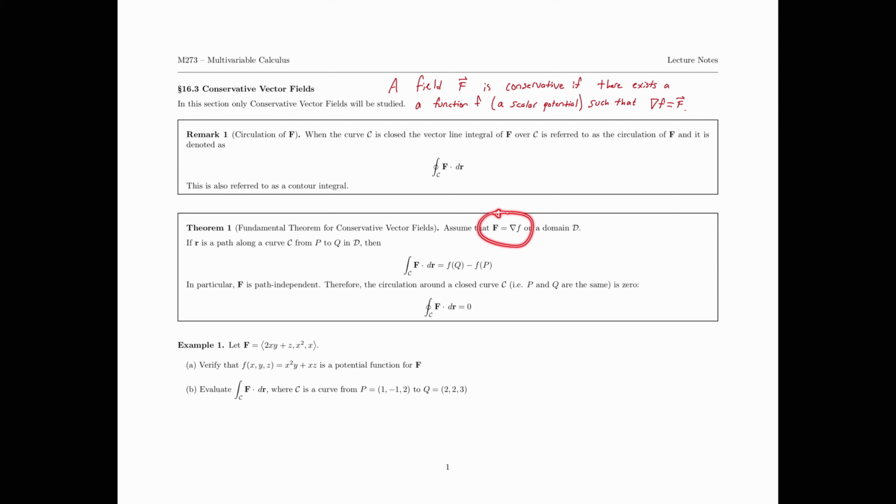So what this is really saying is that the vector field is conservative, i.e. capital F is conservative. So if it's conservative, and let's say that r is a path along a curve C from point P to point Q in some domain D.